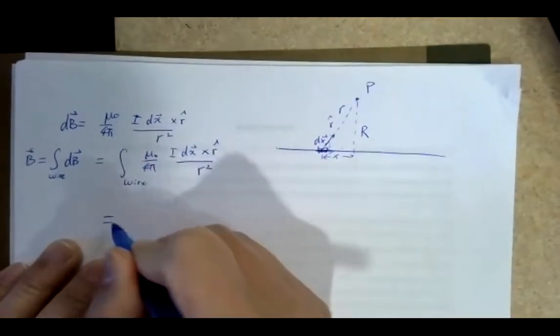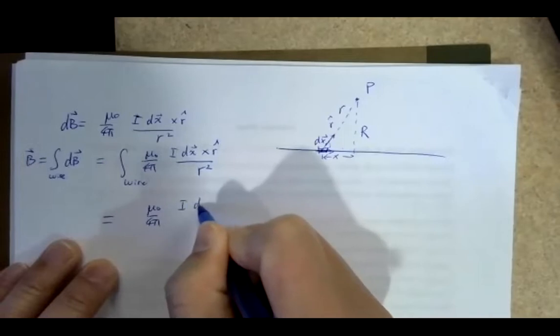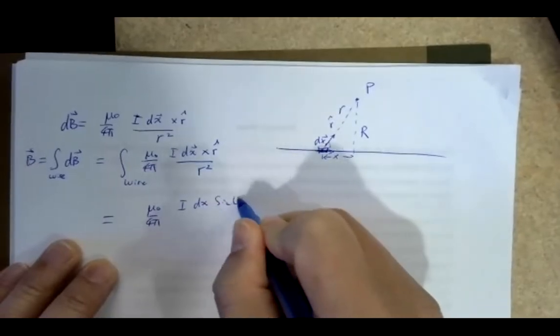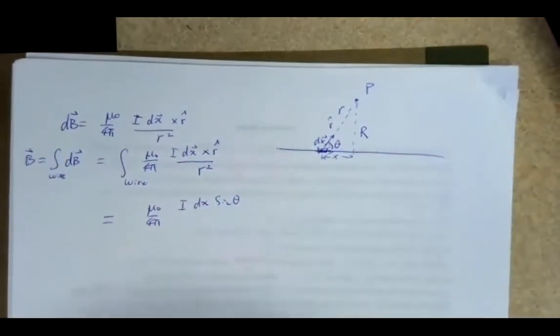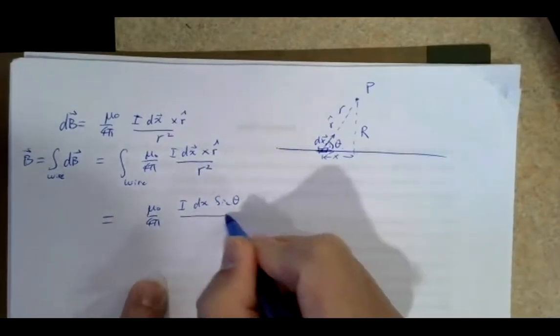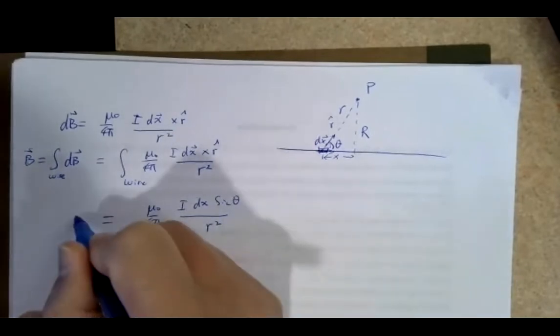So it will be equal to mu naught 4 pi I dx times 1 times sine of theta. That's defined as the theta. So that's what we got from the top there, and then divide by r squared. All right, so that's just the magnitude.